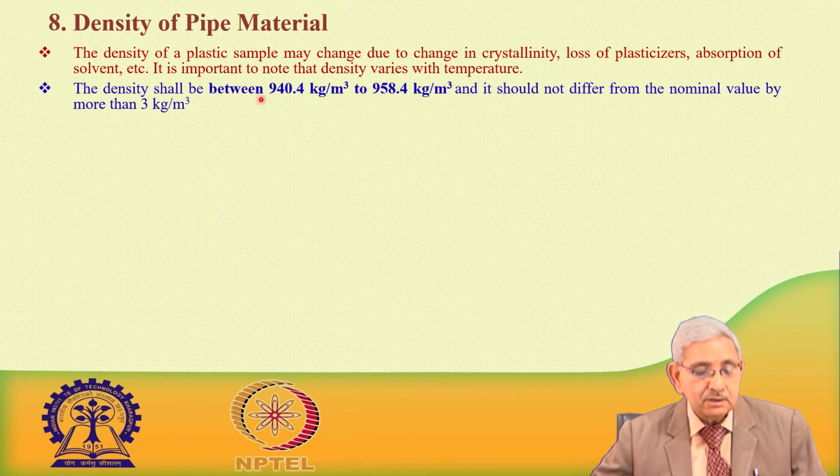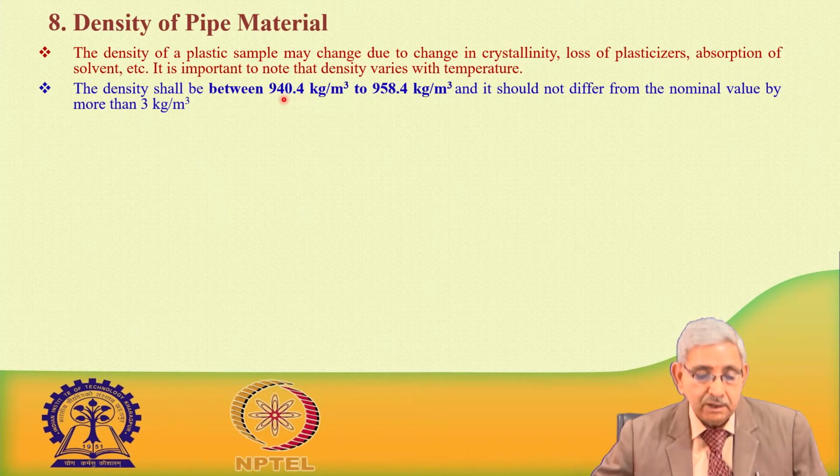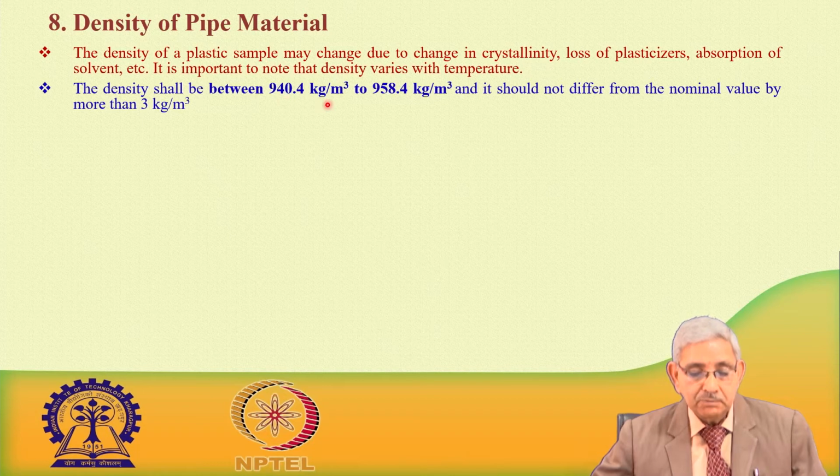Normally density shall vary between 940.4 kg per cubic meter and 958.4 kg per cubic meter. It should not differ from the nominal value by more than 3 kg per cubic meter.